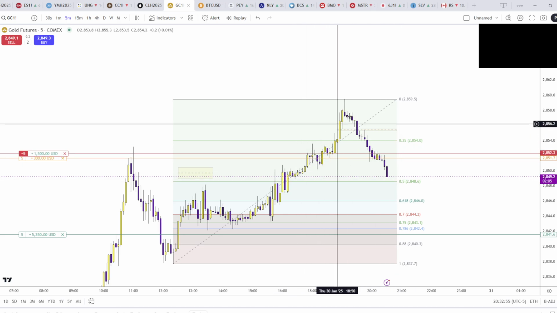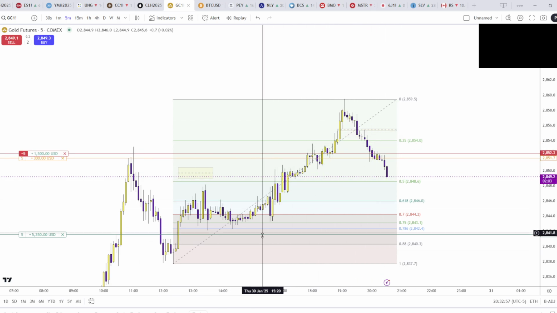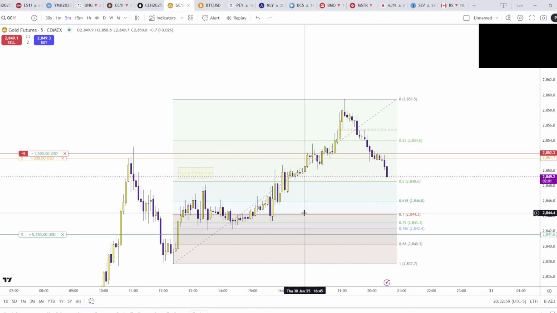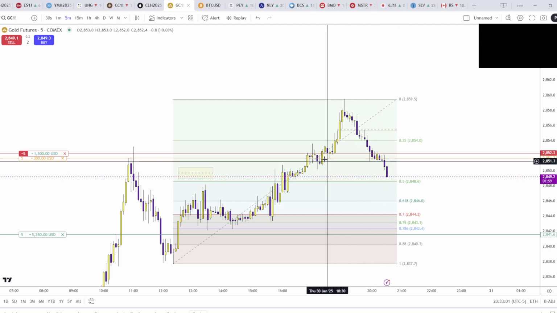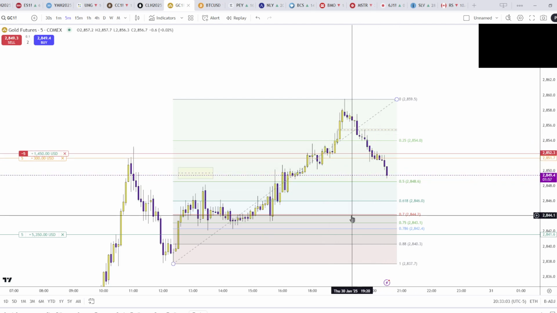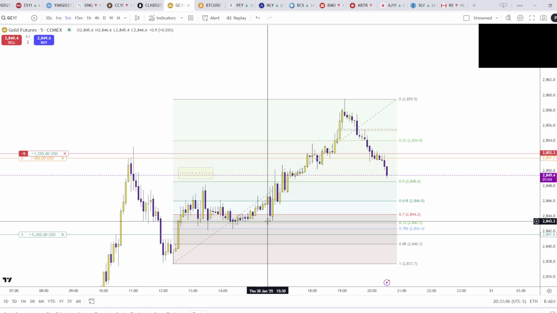I'm wrong. So now I'm going to use the FIB tool on the whole range. This is my target down here, but I'm going to use the FIB tool to pay myself on the way down so you get an idea of what this looks like.